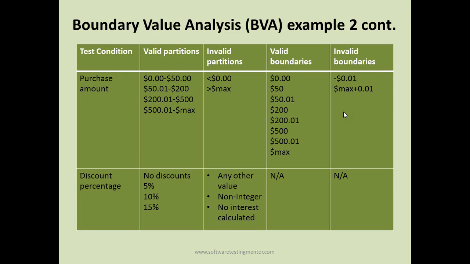The advantage of doing equivalence partitioning and boundary value analysis is that it is a structured approach, and it makes your test design much more efficient and easier, and you are almost covering every possible partition and boundary value in that particular scenario.